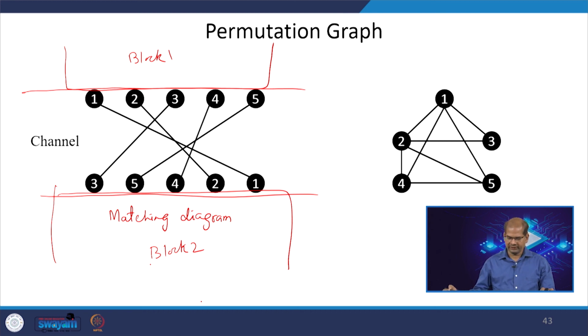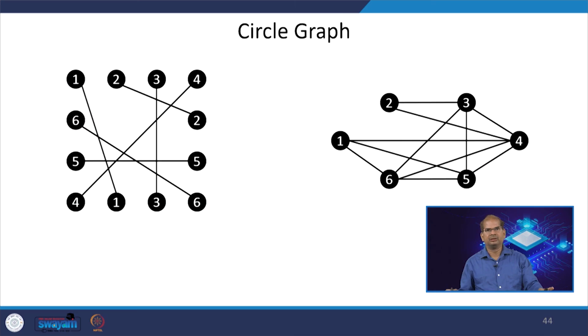So, 2 is also connected with all of them. Then 5 is connected with 4, 1 and 2. It is not connected between 3 and 5. This is useful for channel routing algorithms.